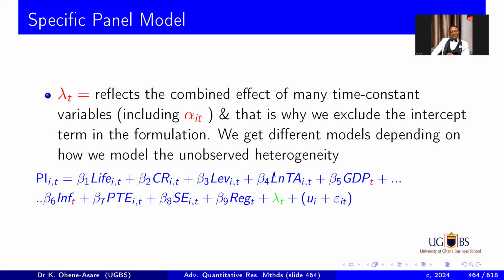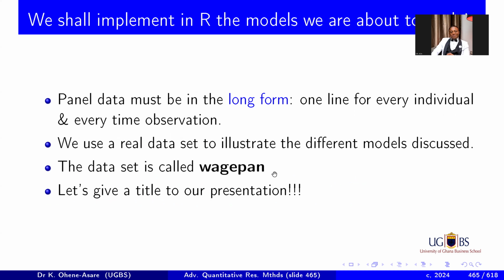Leverage, time. Log of total asset, time. But you see, all of the first five are both time and individuals. But if you look at GDP, it's only changing across time, but it's not changing across individuals. Inflation is the same as GDP. Regulation is changing across time. So that is how you have a specific situation.